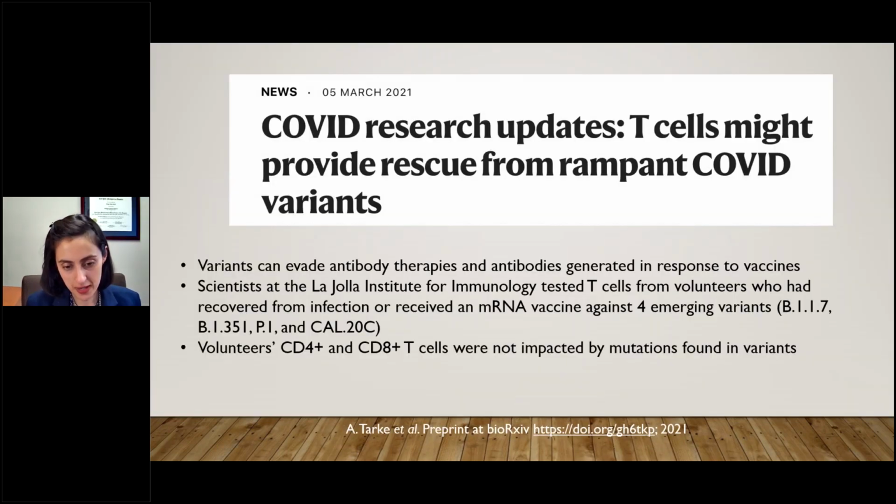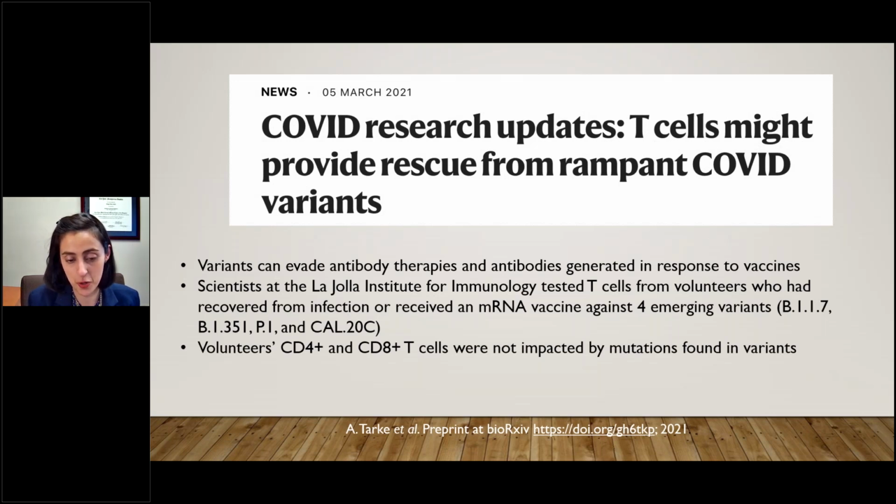So this is what I alluded to before: while the ability of the antibodies created in response to vaccination may be somewhat less than we'd hoped against these new variants, it's certainly not cause for giving up.